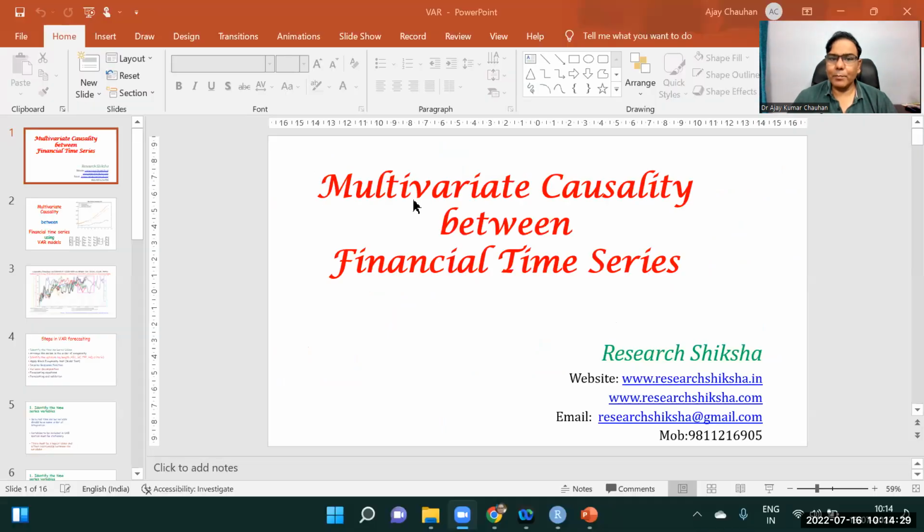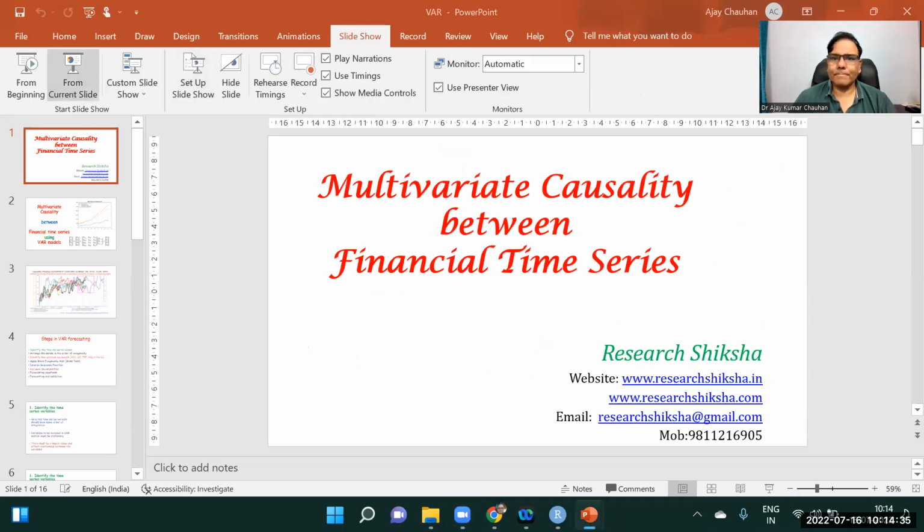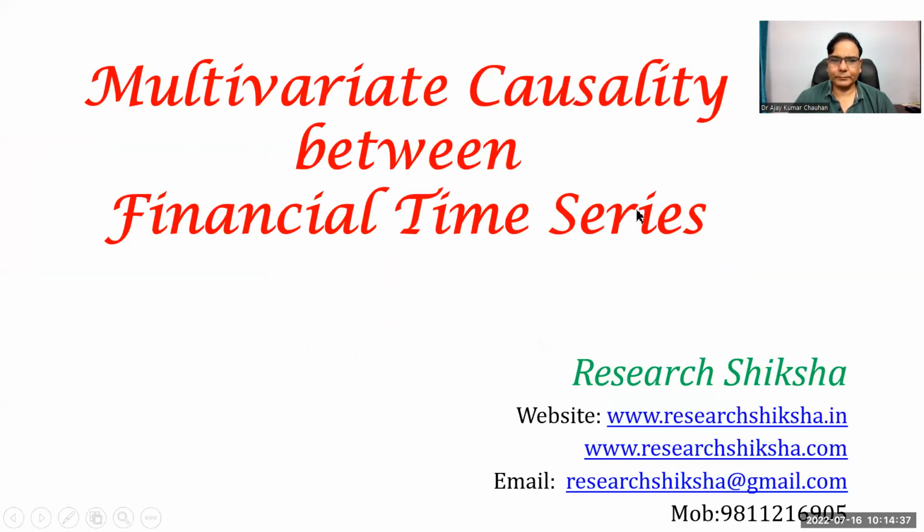This vector autoregression model is known as multivariate causality. I hope you can see this slide. The bivariate causality we have already finished by using Granger causality and the Toda-Yamamoto test.